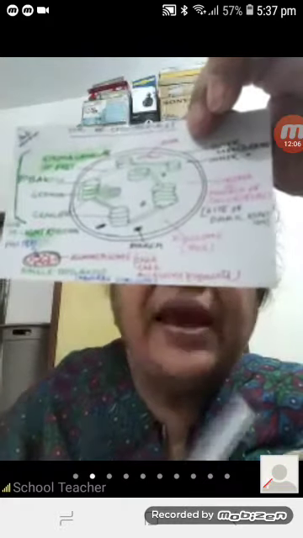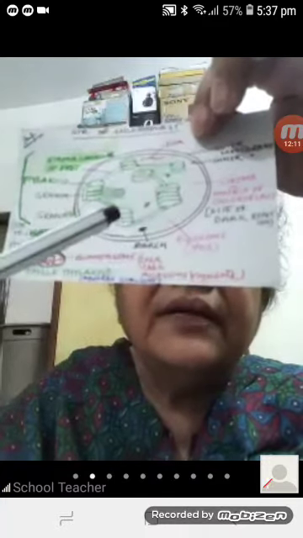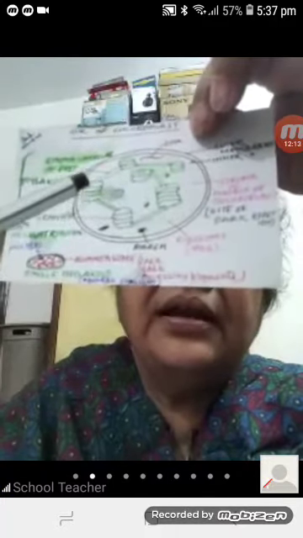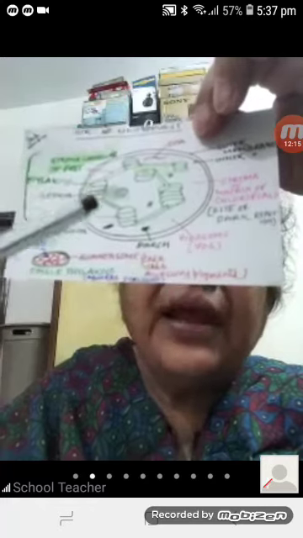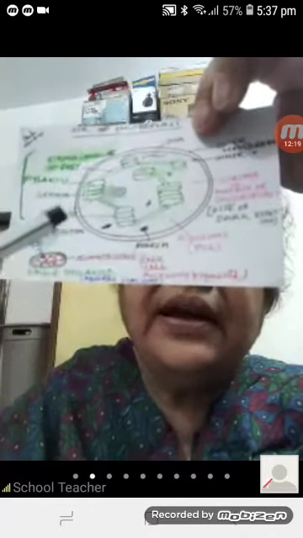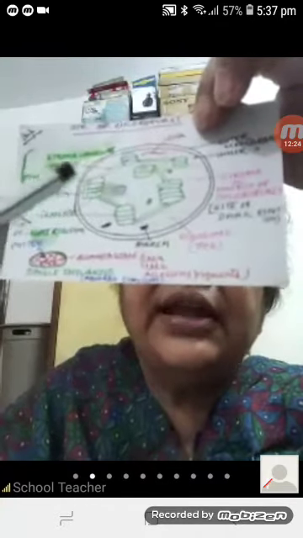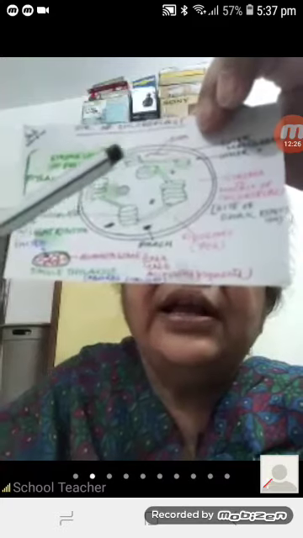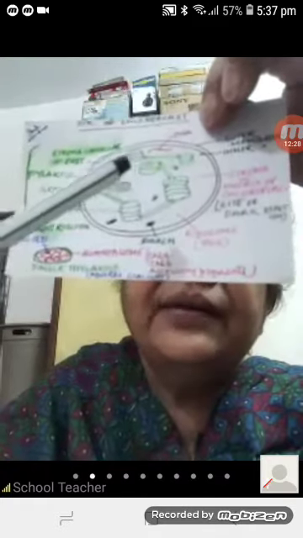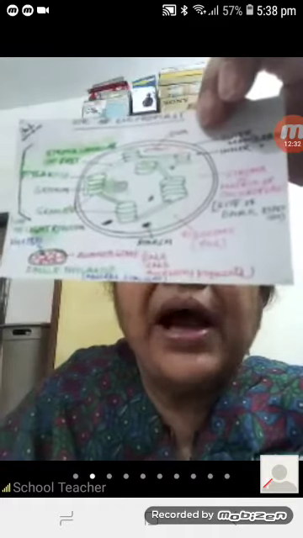Now, where is chlorophyll present? Chlorophyll is present in the thylakoid. This entire group of thylakoids makes a granum. More than one granum is grana, and the structure that connects one granum with another is called stroma lamellae or FRET, F-R-E-T.